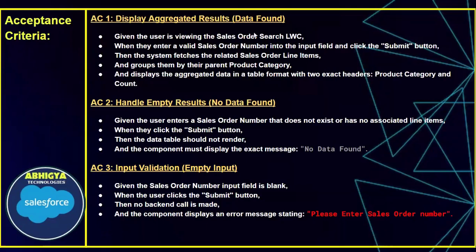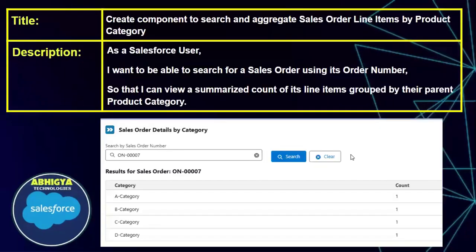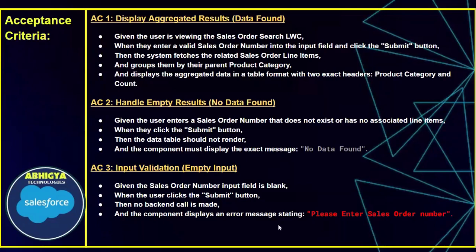Then we can display an error message: please enter sales order number. These are the three acceptance criteria.